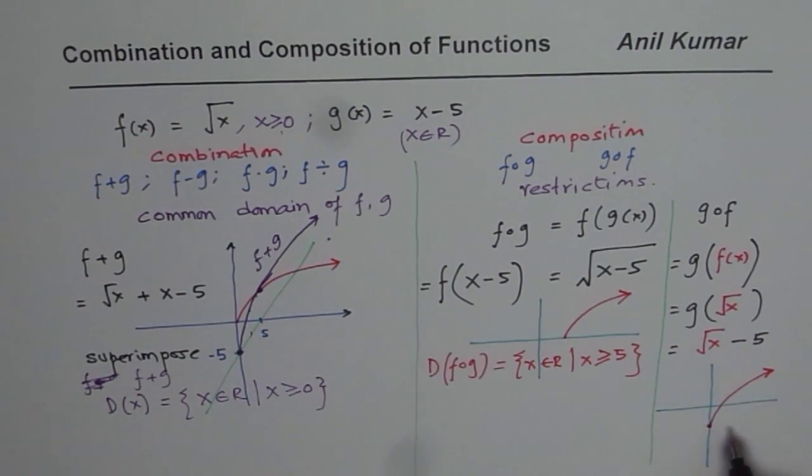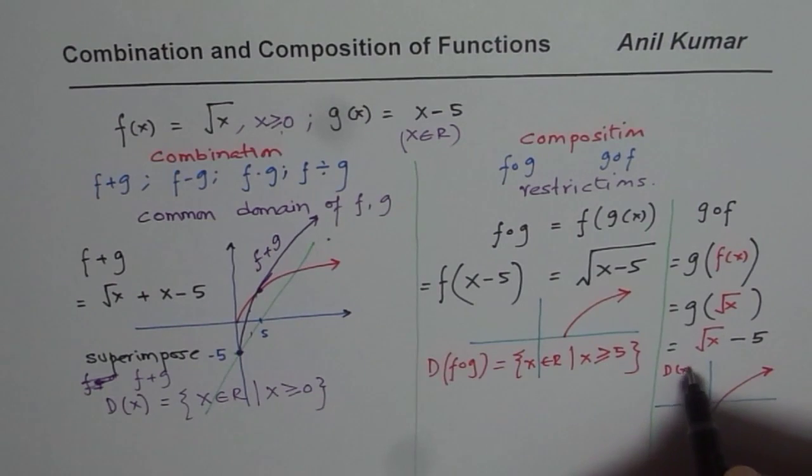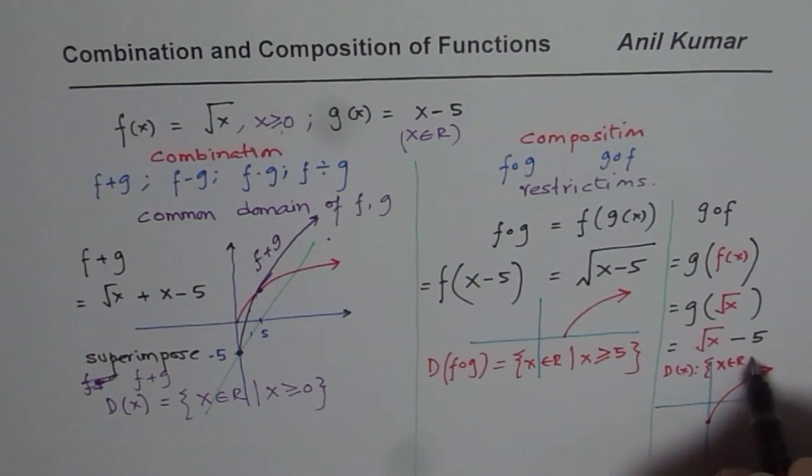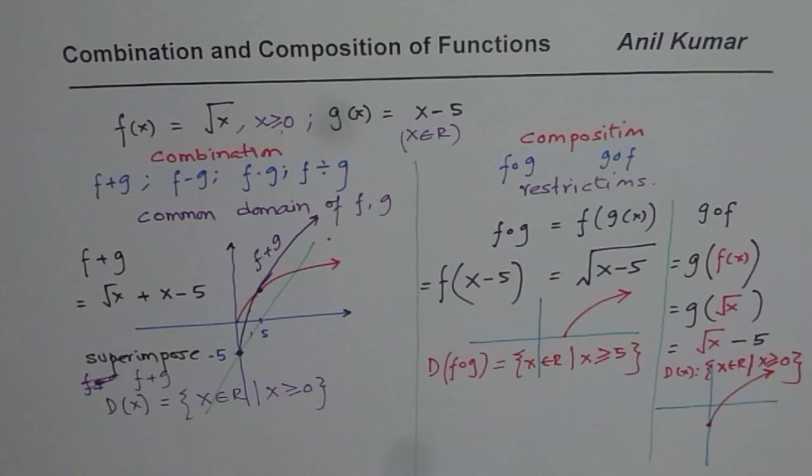Now, here in this case, the domain of the function is x belongs to real numbers where x is greater than or equal to 0. It may remain similar sometimes, but the operation is not done on common domains, right? So that is not the criteria when we are doing function of a function.